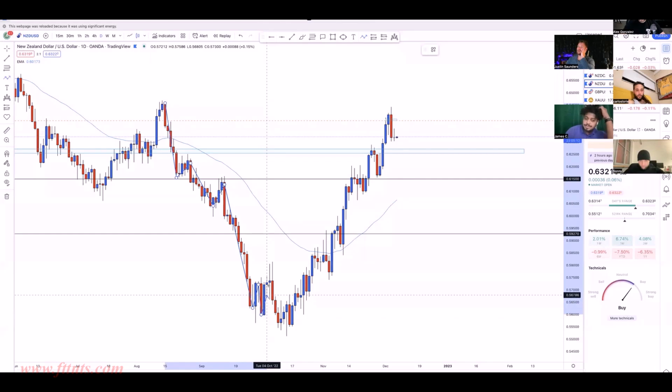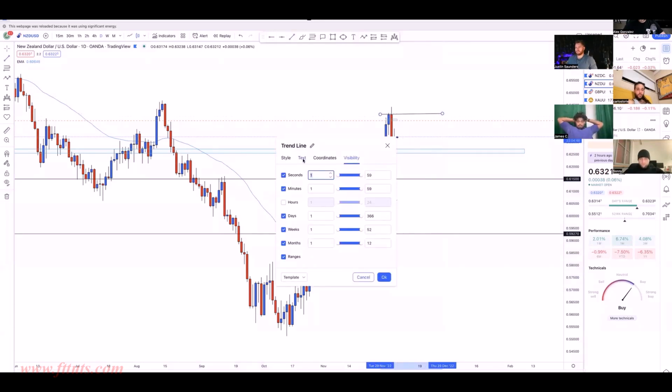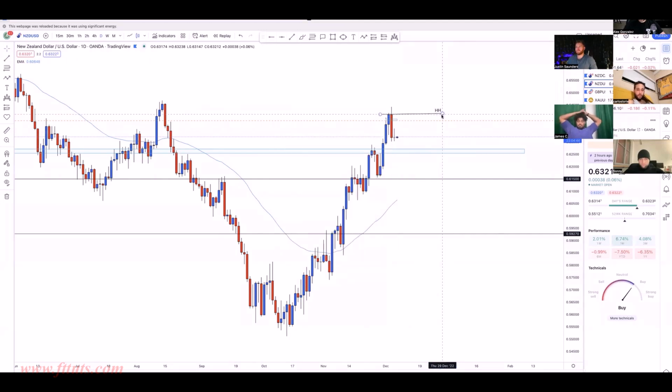You see how we body closed above, making this a higher high, body closed under, lower low. All of this is simply market structure. We have higher low, higher high, higher low, higher high, higher low, and higher high. So this would be our higher high. So let's make this higher high. And then where would our higher low point?